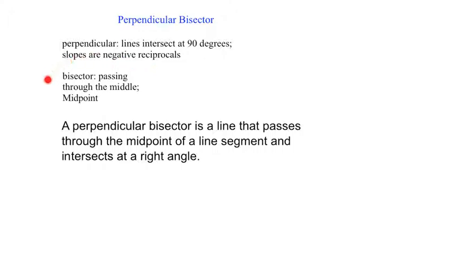The bisector idea is this new one, and that means that we have to have a line which passes through our midpoint, or passes through the middle. So if you put it all together, a perpendicular bisector is a line that passes through the midpoint of a line segment and intersects it at a right angle.